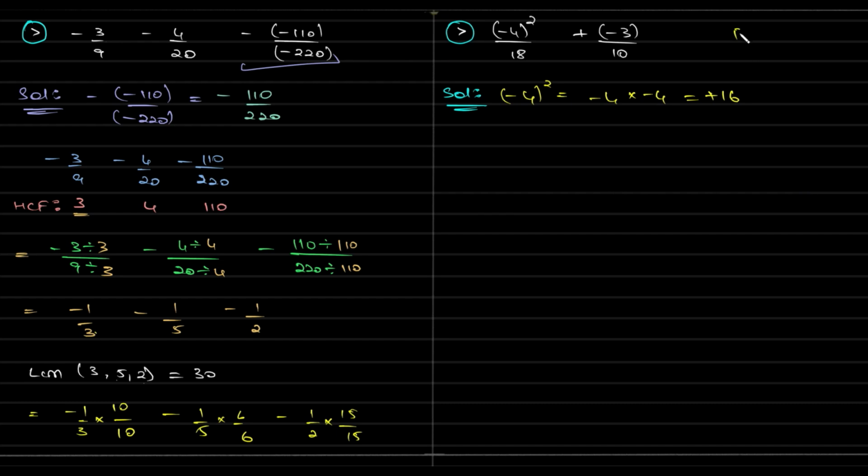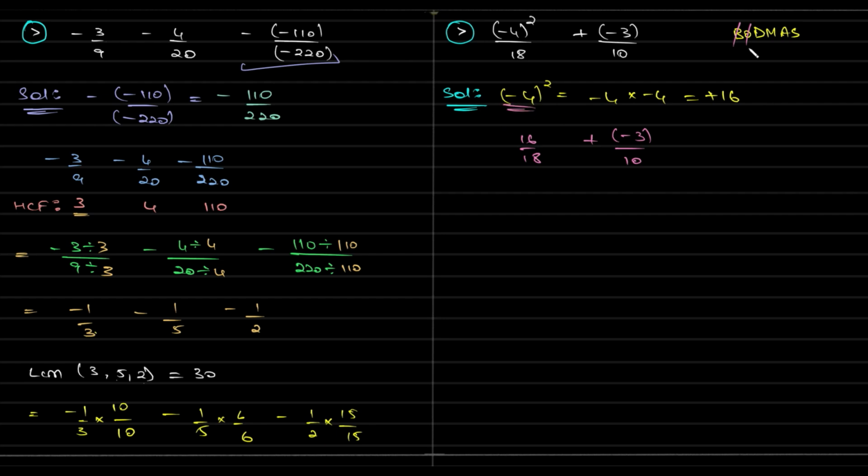Yes, it is BODMAS. Okay, so there were no brackets, but there was an operation on order. So we have 16 by 18, and next is positive 3 by 10. So first is your square, because the question had it as per your BODMAS.